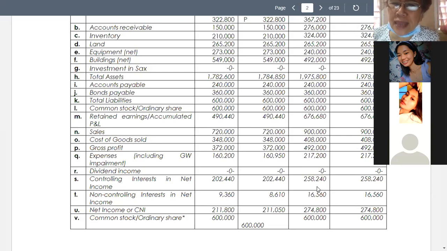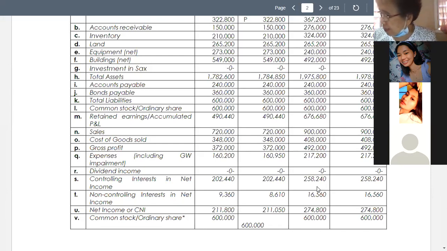So 60,000 minus 13,200 gives us the balance of 46,800. And then we multiply that by 20%. It gives us 9,360.